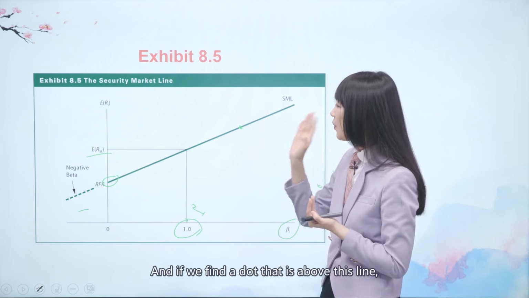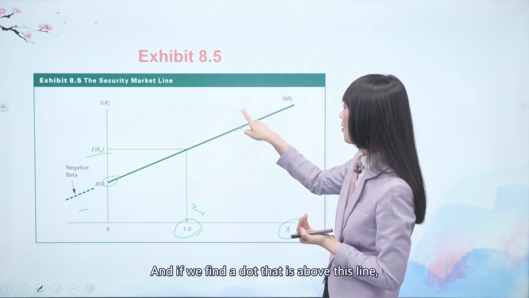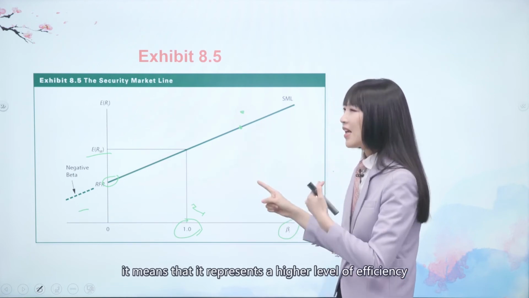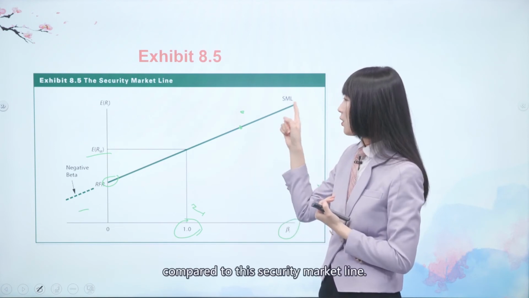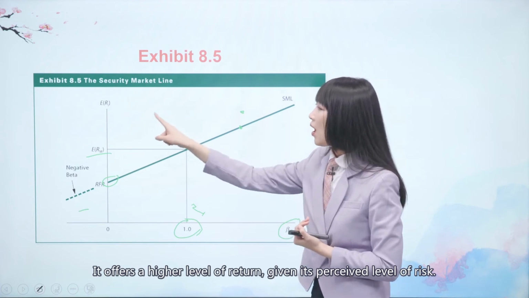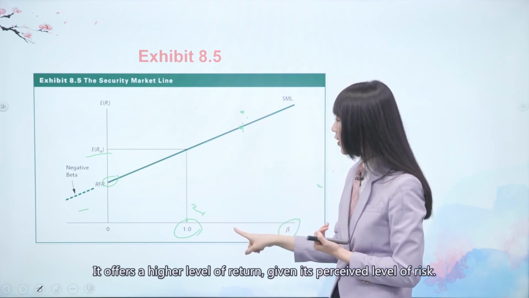And if we find a dot that is above this line, it represents a higher level of efficiency compared to the security market line. It offers a higher level of return given its perceived level of risk.